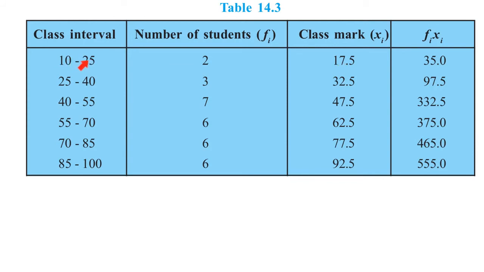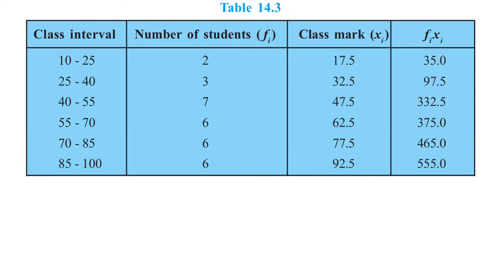Taking the average of the class limits. 25 plus 10 divided by 2, 17.5. 40 plus 25 divided by 2, 32.5, and so on. So we get this column. Now how do we find Fi times Xi? We take the product. 2 times 17.5, 3 times 32.5, and so on.